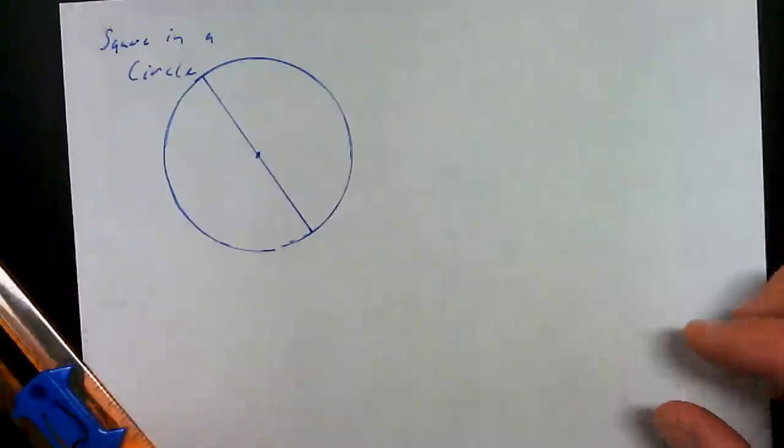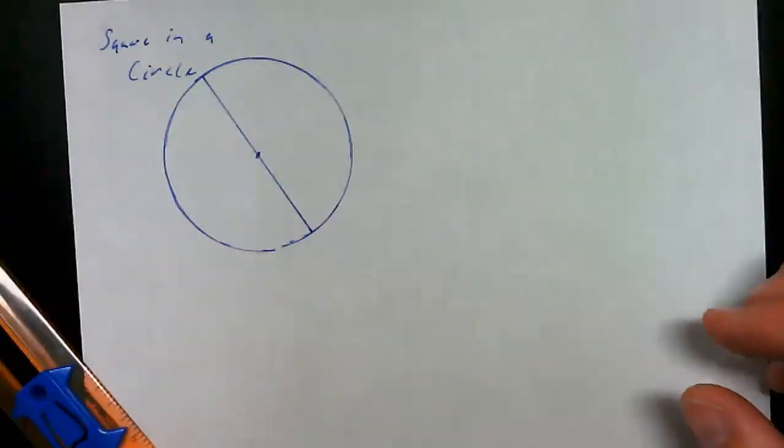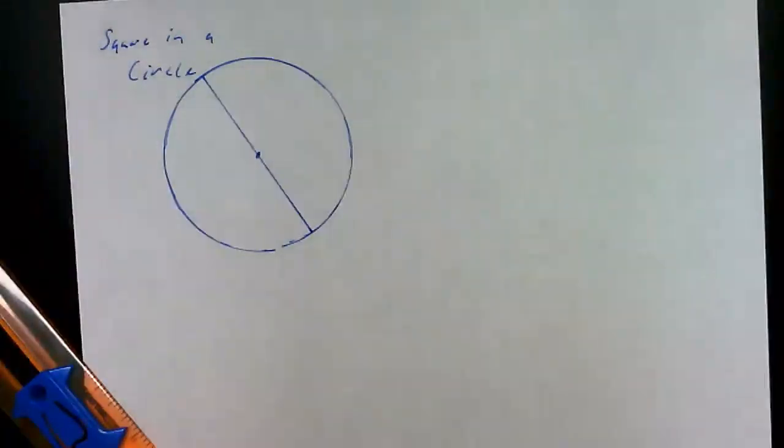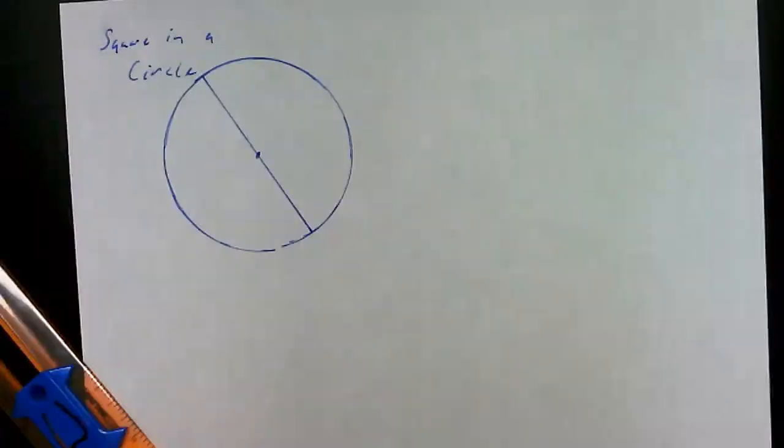Now, once you have that diameter, that will act as one diagonal in our square. Our square has to have equal length diagonals, right? Because it's a rectangle. And they have to be perpendicular because it's also a rhombus. Well, as long as we're using diameters, we know that they're going to be the exact same length.